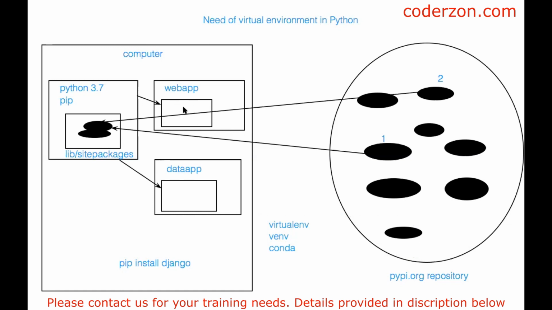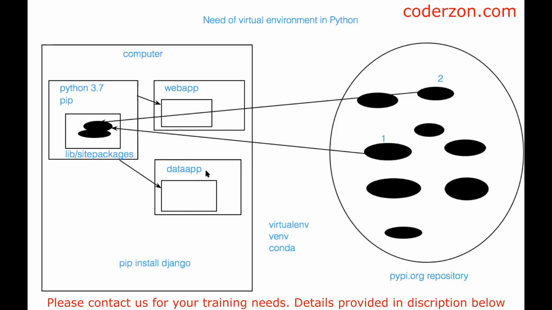When we work on this project, we enable that virtual env and do pip install of the required packages. Then it gets installed in the site-packages inside here. A lib/site-packages folder will get created here and here as well.